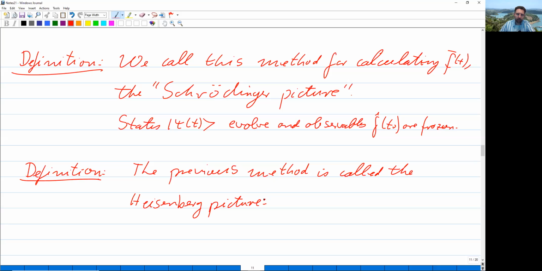So here, just to remind you of how this works again, here we have that i h bar d by dt f hat of t is equal to a commutator of f hat of t with h hat of t.